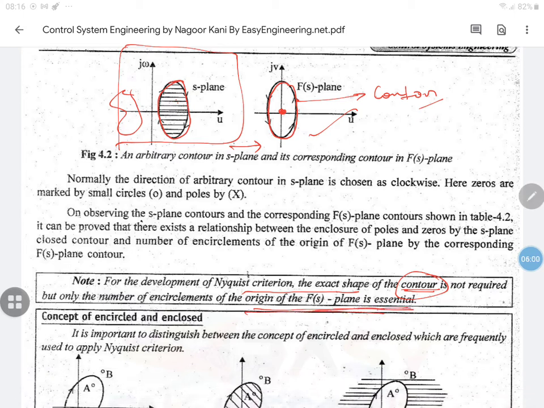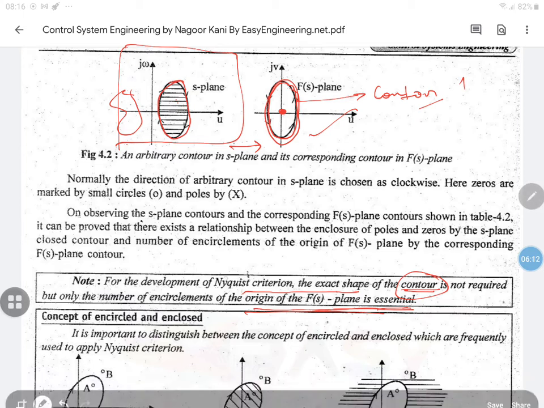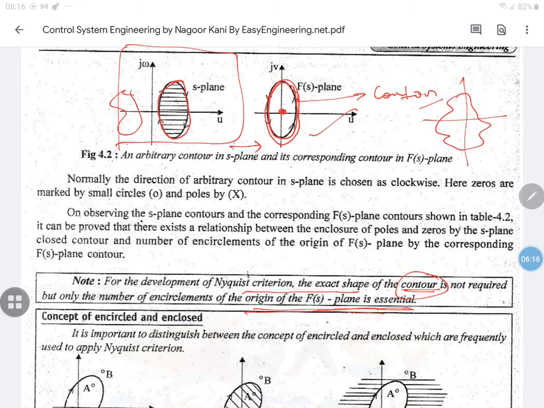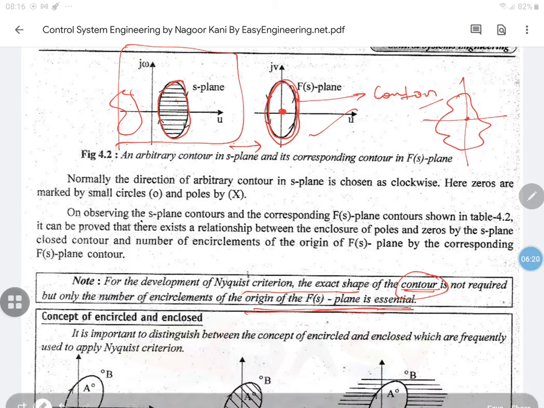How many times this plane encircles the origin is important. The graph may be like this, so that is not an issue, but how many times, maybe if it encircles one more time.